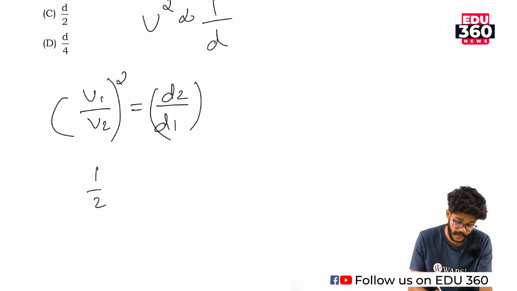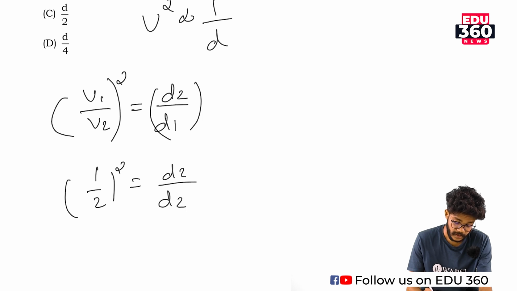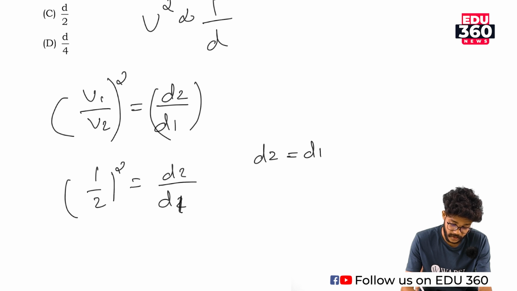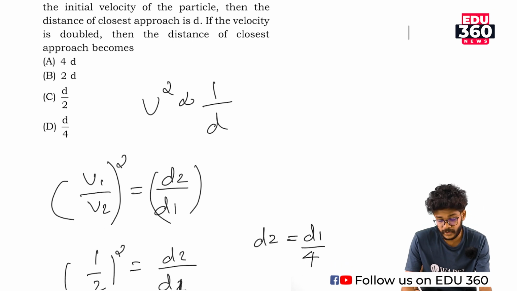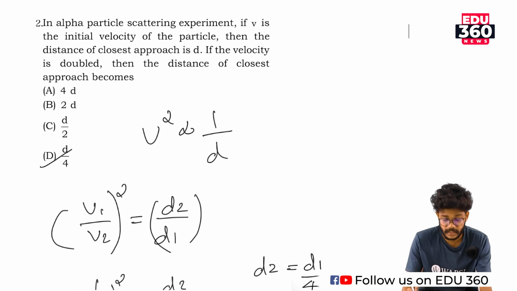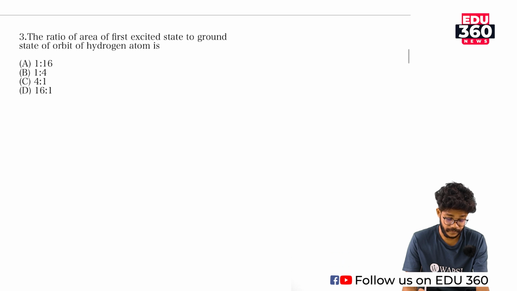So 1 by 2 square equals d2 by d1. So d2 is equal to d1 by 4, and d1 is d, so d2 is equal to d by 4. Option D is the correct answer. So we can move to the third one.